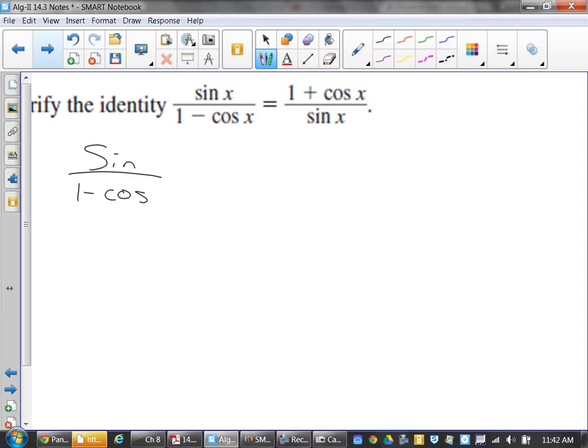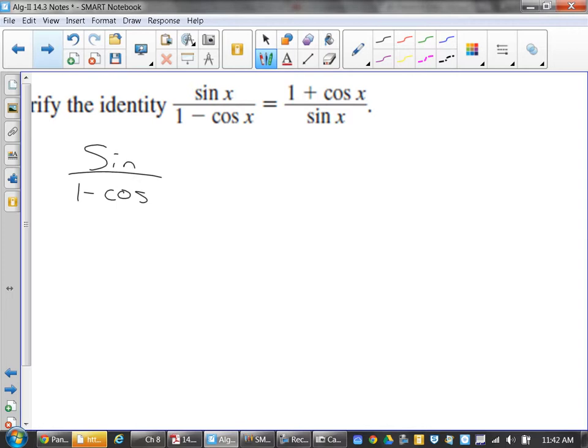I want sine over 1 minus cosine. Yes, sir. Is there ever going to be a time where it doesn't verify and you say not verifiable? Nope. If they say it can be verified, it can be.